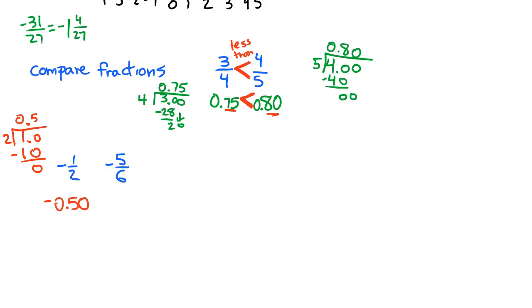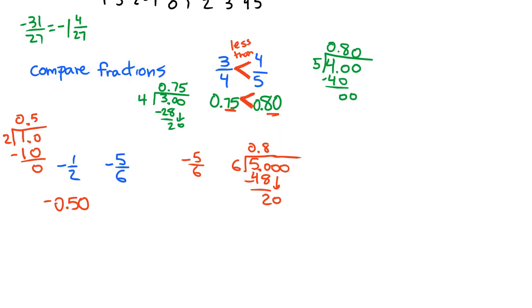Okay, now let's take a look at negative 5/6. So we can take 5 divided by 6. We'll ignore that negative for a second. 6 can't go into 5, but 6 can go into 50. Let's think, 8 times 6 is 48, which leaves us with 2.